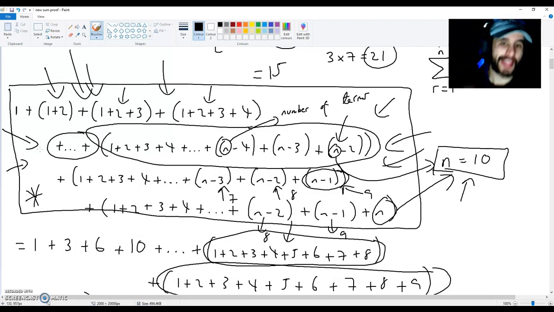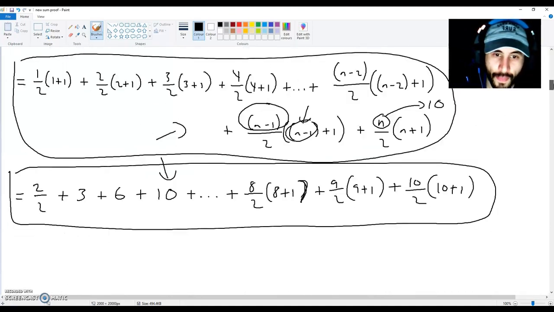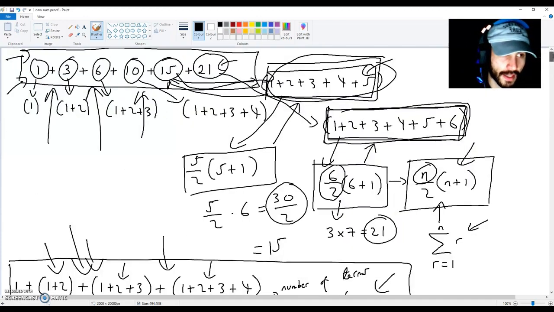This means that this description is exactly the same as this. Now that we understand what's going on, and we know how to describe any sum that looks like this up here, we can now begin to find our formula.